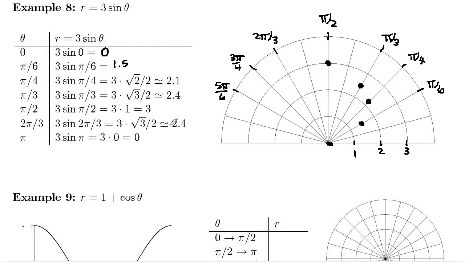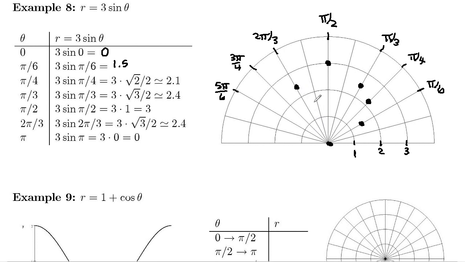And then 2.4 at 2 pi over 3, so go out to 2.4 at 2 pi over 3, right here. Notice that that point is right across from this one, and that's because the sine of pi over 3 is the same as the sine of pi minus pi over 3. So if you reflect across the y-axis, you've got y-axis symmetry with this graph.